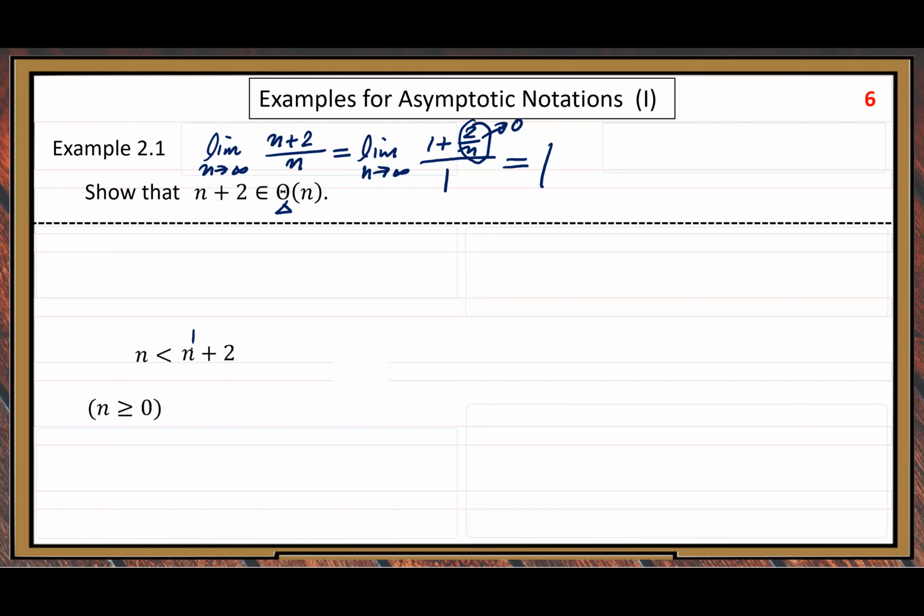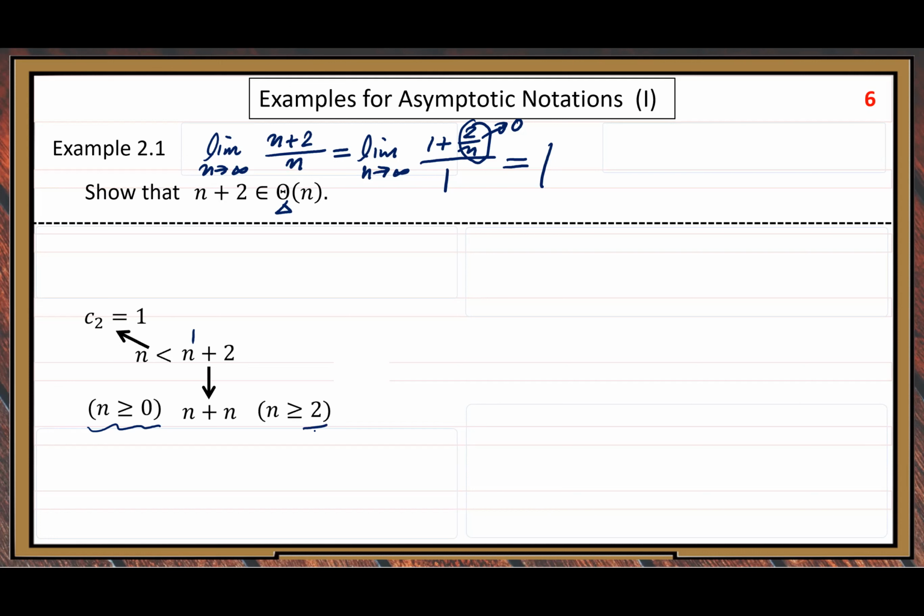So here you have that C2, and you only need n greater or equal to 0. It's true. But for the upper bound, can you replace 2 by n to make it larger? If you can do that, do you need n greater or equal to 2?